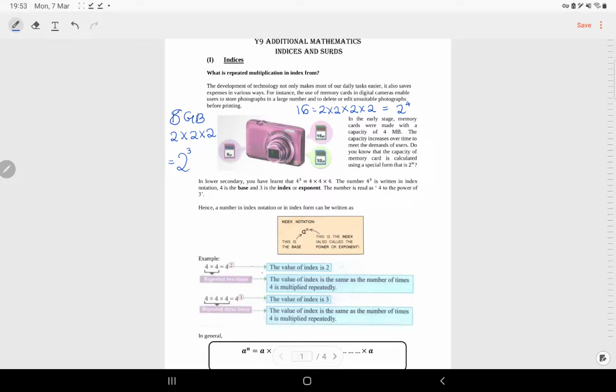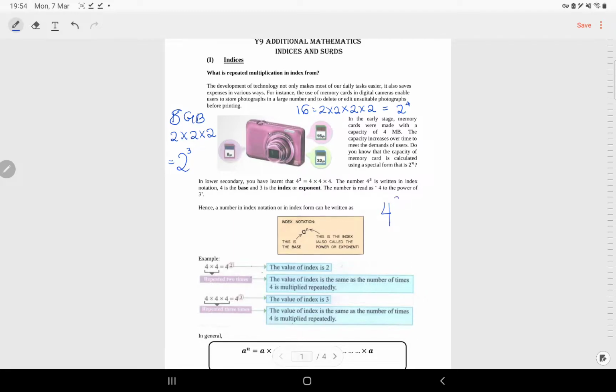To introduce indices, you have learned index notation, the notation that is used for indices. In lower secondary, you have learned 4 to the power 3 is basically 4 times 4 times 4. It is multiplied 3 times, and it is written as 4 to the power 3, where 4 is the base.